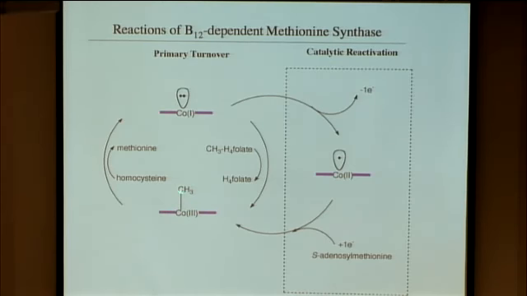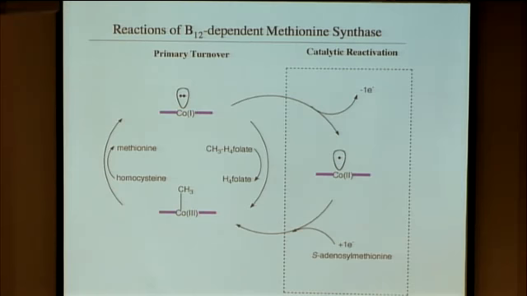It gives the methyl group, this CH3 group, up to homocysteine to form methionine, and then you're in a +1 state of cobalt. But this state can lose an electron, and you can have what's called the COB2 form of the enzyme, which you need to put another electron in and reduce it to go back, and you also need to methylate it again.